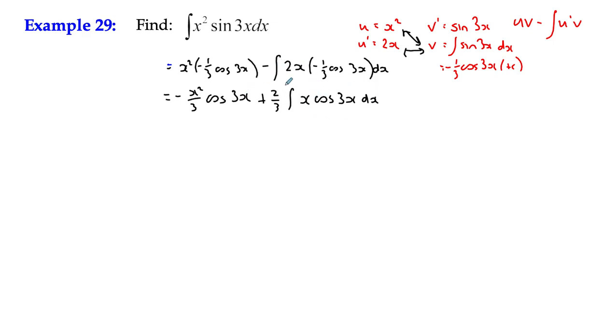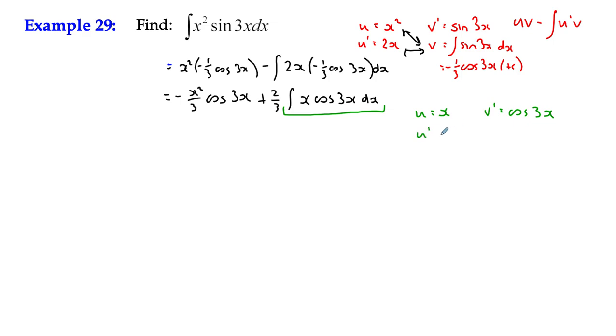We can't do anything with that integral at the moment because it's a product of terms in x. So we need to use integration by parts. It's good to visually give an idea of what you're trying to do. So what we'll do is set that up again. u is x and v dash is cos 3x.